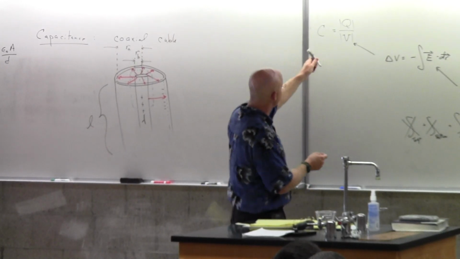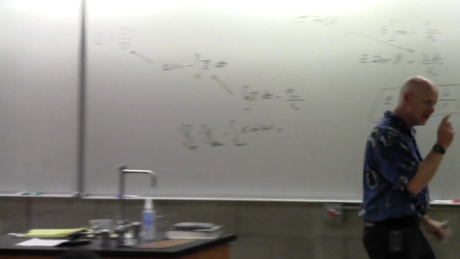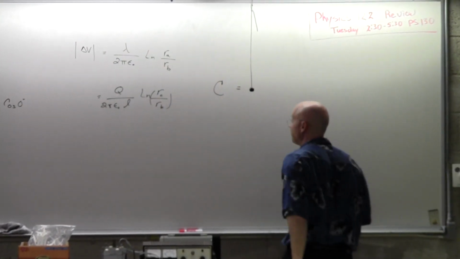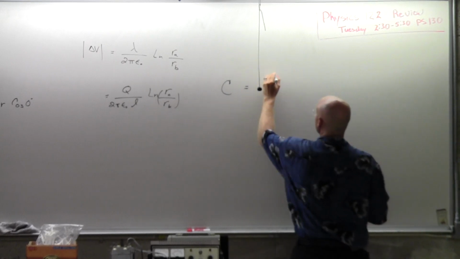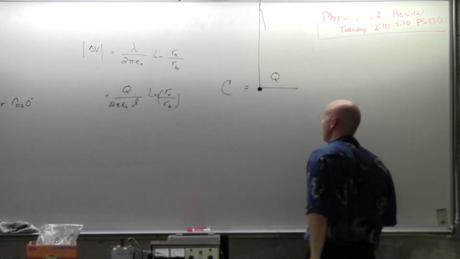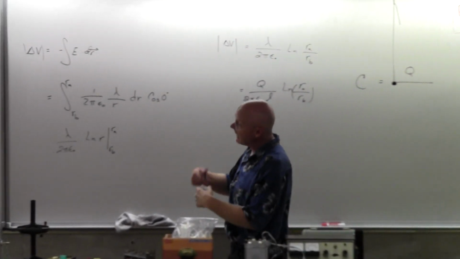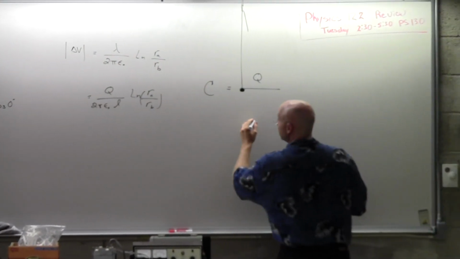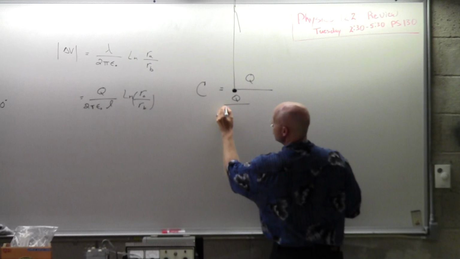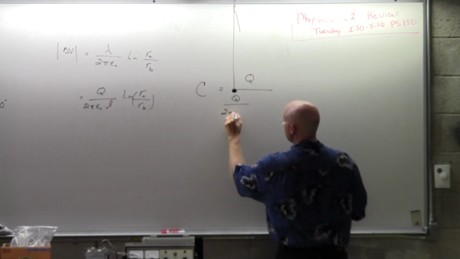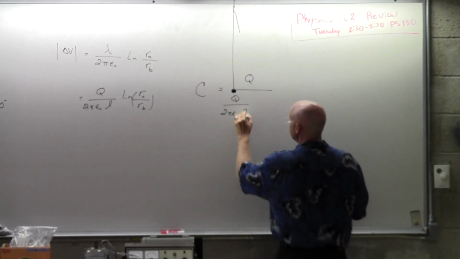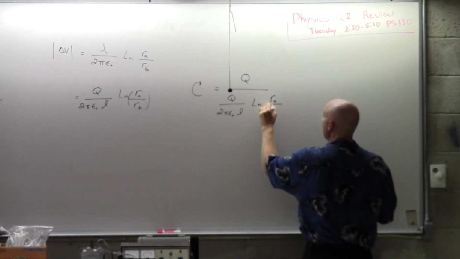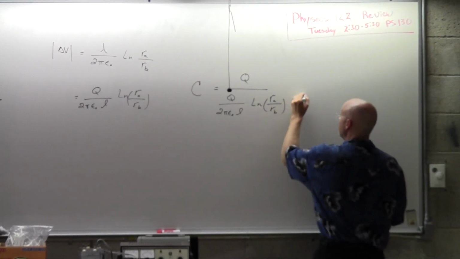So with that said, I can finally finish this and say, okay, what is then the capacitance for this coaxial cable? And so I will put the charge in there and then divide it by the voltage here. And so the voltage is charge over 2 pi epsilon naught L natural log of RA over RB.